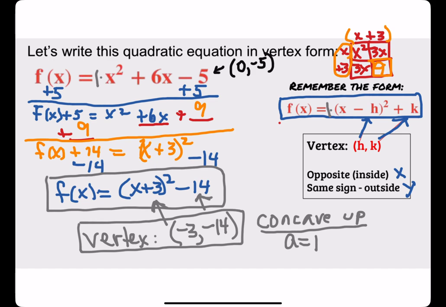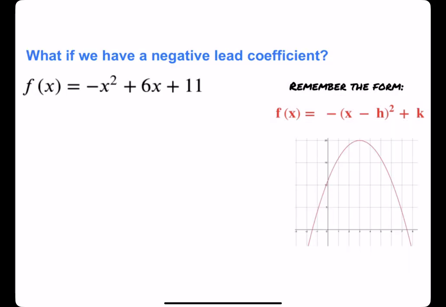In vertex form, and we know it's concave up because both lead coefficients in standard form and vertex form are 1. Now, what happens if we have a negative lead coefficient?